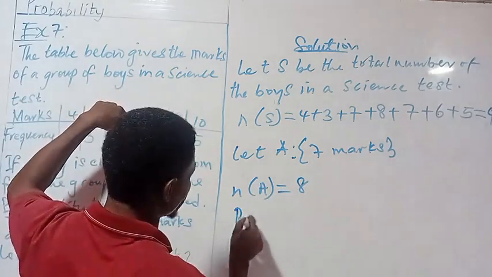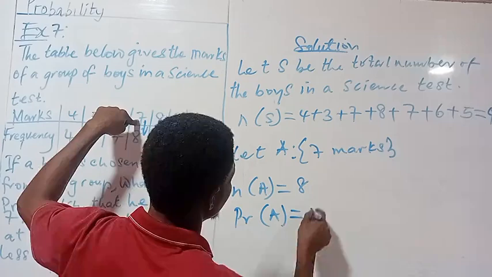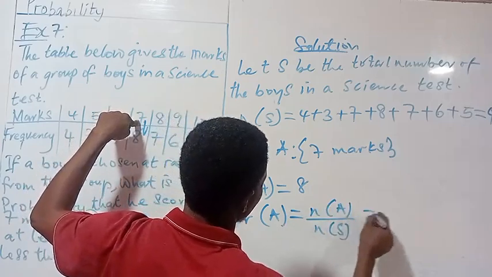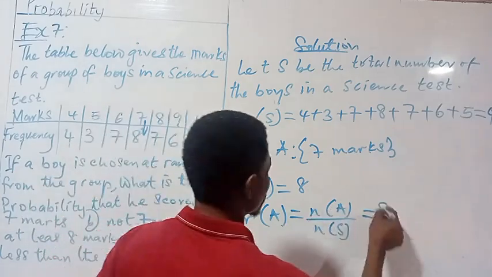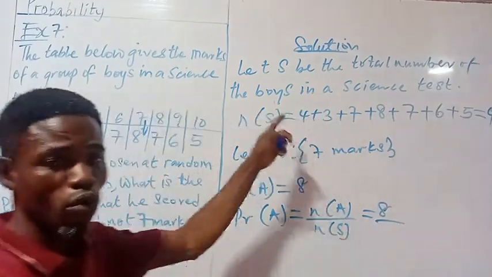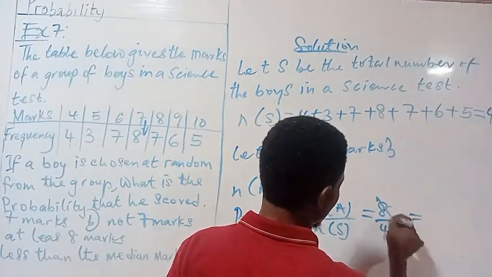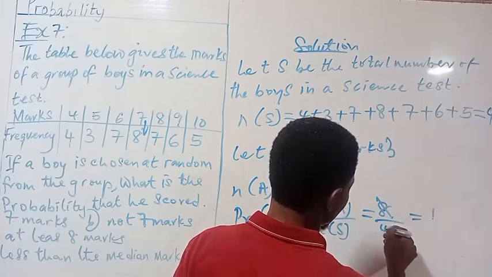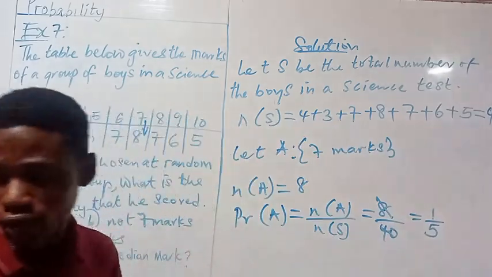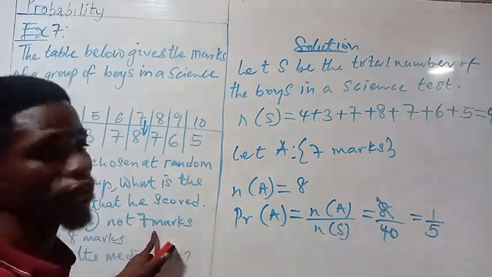The probability of a boy scoring 7 marks is going to be n of A over n of S. And n of A is 8, and n of S is the total number of the boys in that group, which is 40. So we can divide: 8 over 40 gives 1 over 5.